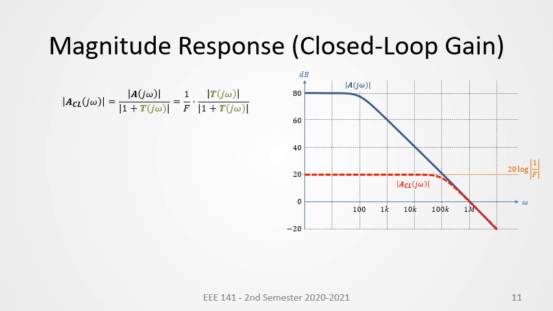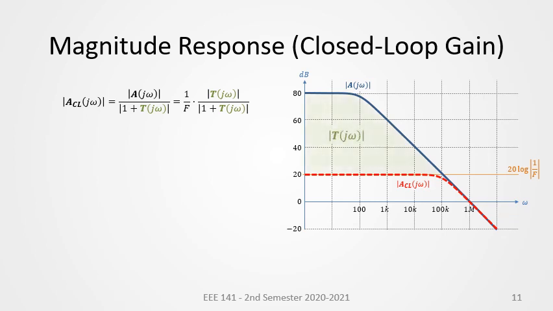The closed loop gain can be written in the familiar forms, A over 1 plus T, and 1 over f times T over 1 plus T. Thus, the magnitude of the closed loop response, when we have a fraction, is just the magnitude of the numerator over the magnitude of the denominator, although we are considering f as a purely real constant.